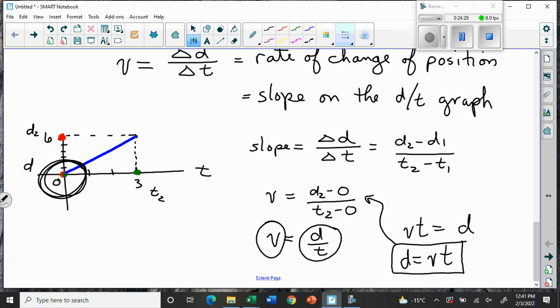But it only works when you start at 0. It only really works when both d1 and t1 are zeros. But because that's often the case, it's a good shortcut. And this might be a relationship that you remember seeing in grade 7 or something, that distance equals speed times time.